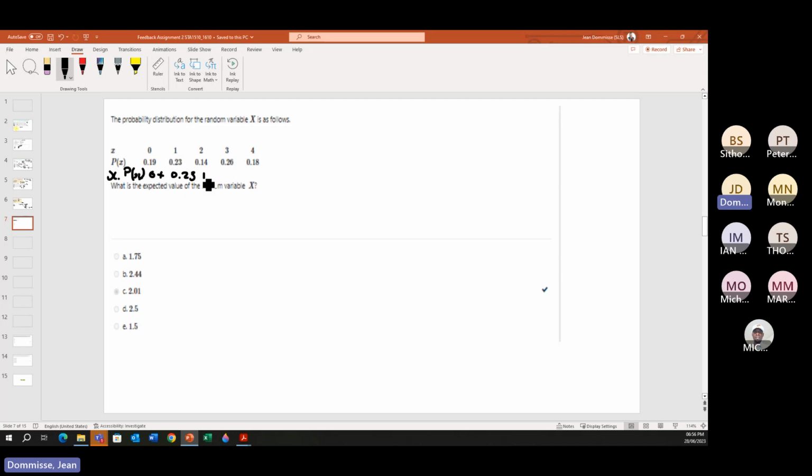That will be plus 0.28. That one will be plus 0.78, plus the last one, which is 0.72. Then you will need to add all of it up so that you can get your expected value.